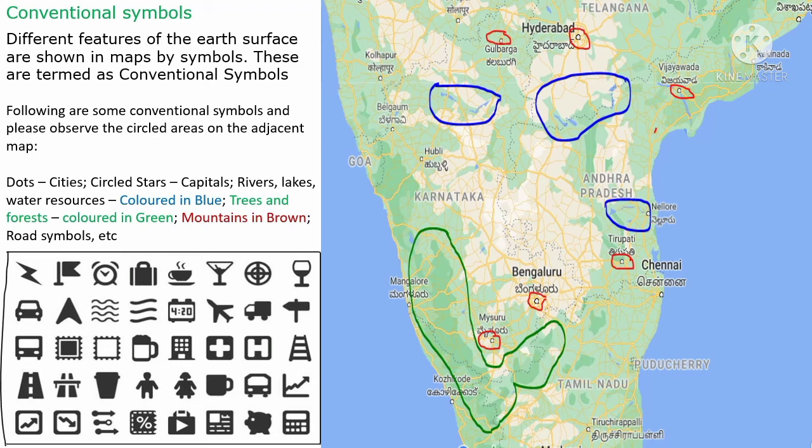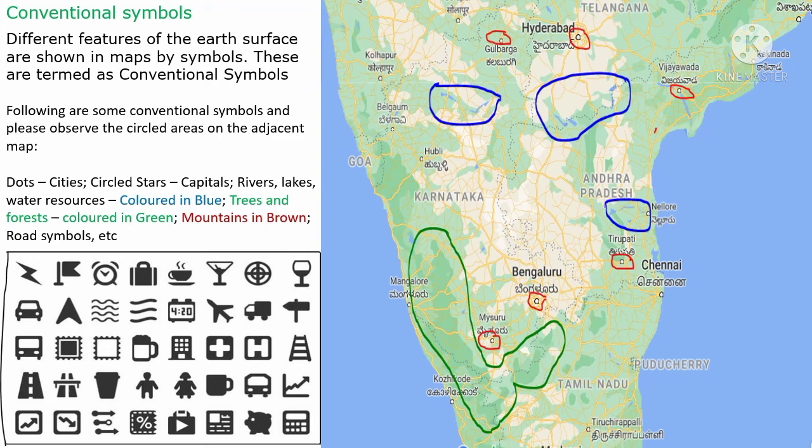Generally the conventional symbols on the map come with different colors or different symbols. The dots show the cities, circled stars show capitals, rivers, lakes and water resources are colored in blue, trees and forests in green, mountains in brown, and at the bottom we were given the different road symbols which you can see there.